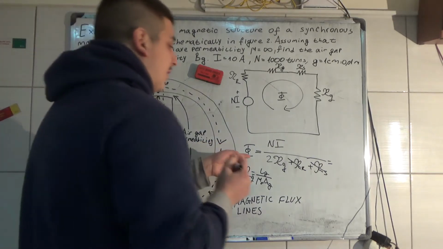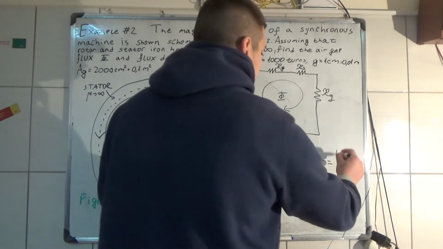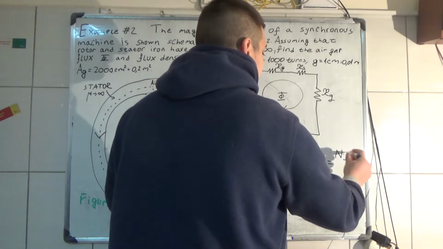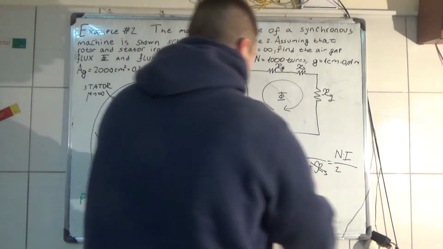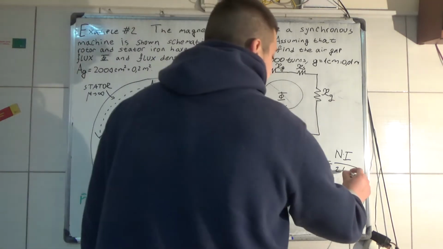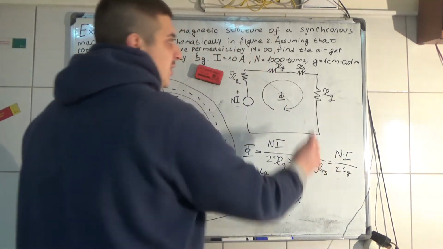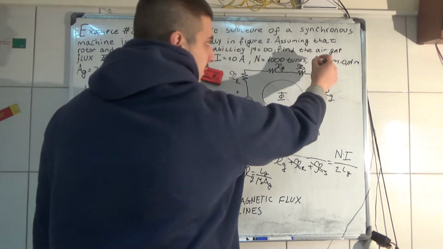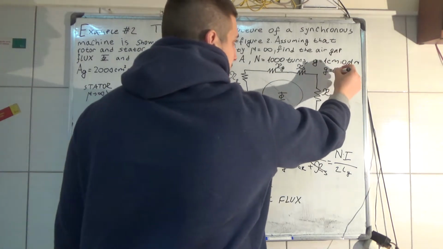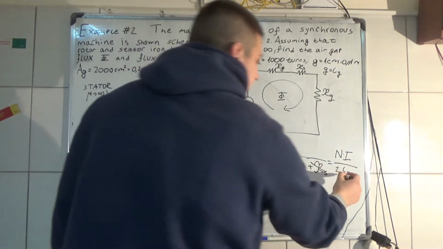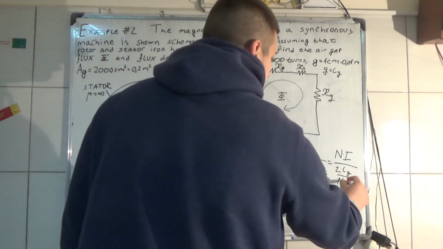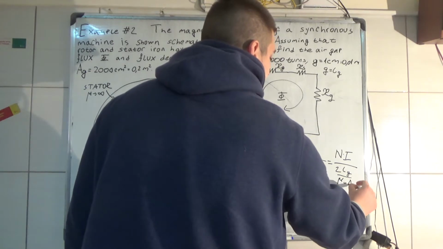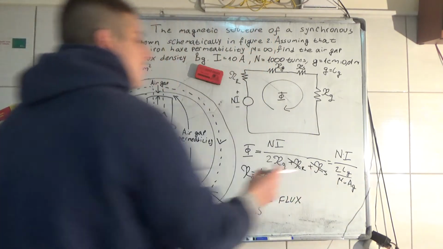Okay, so now the flux is equal to N times the current divided by 2 times the length of the air gap, which is equal to g, divided by mu 0 and A_G.